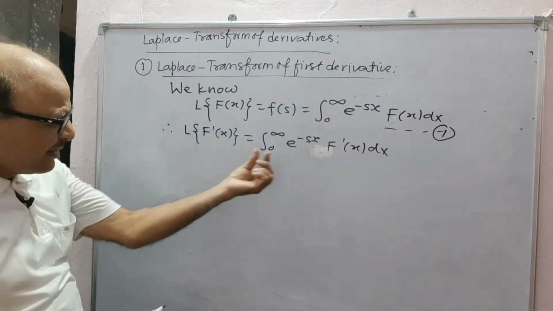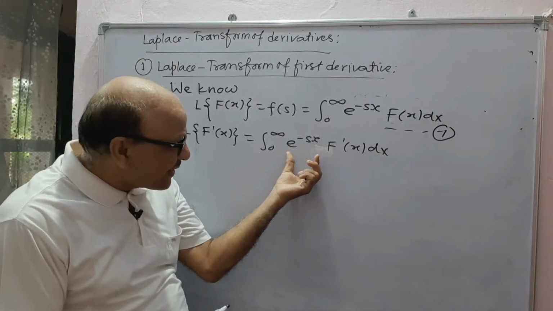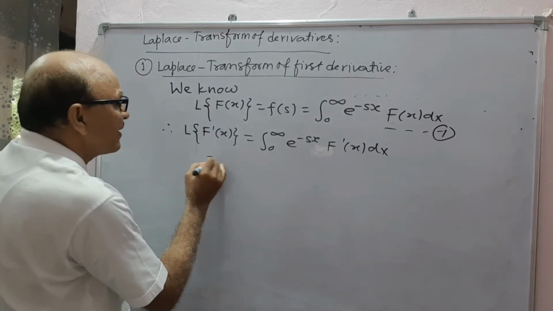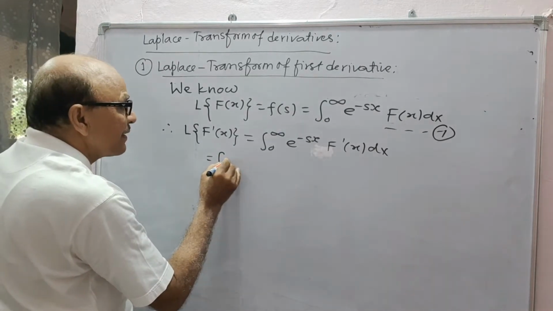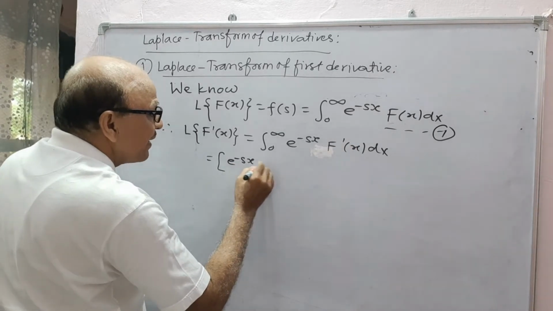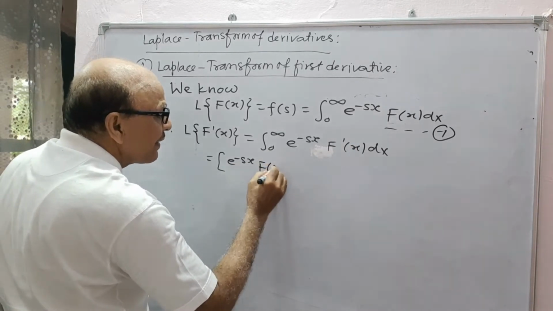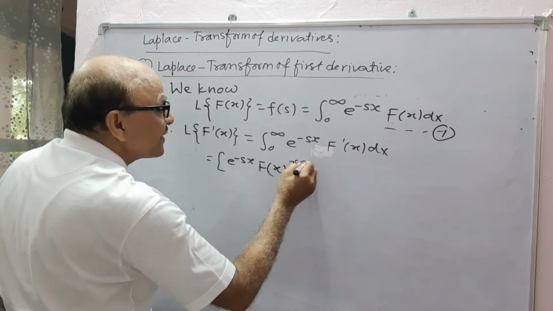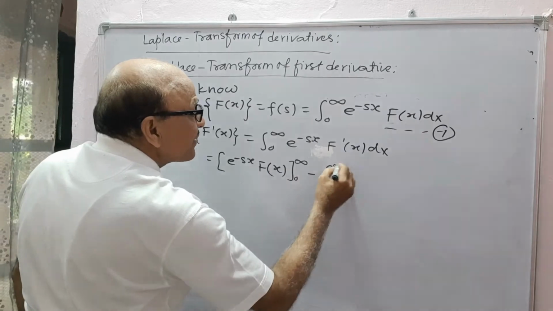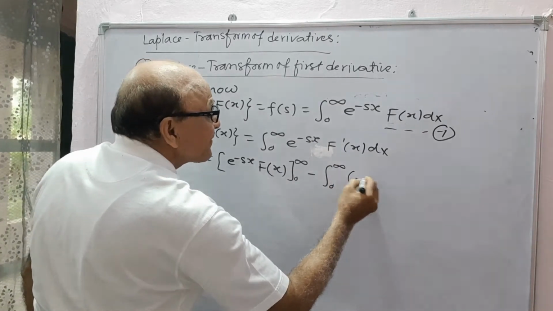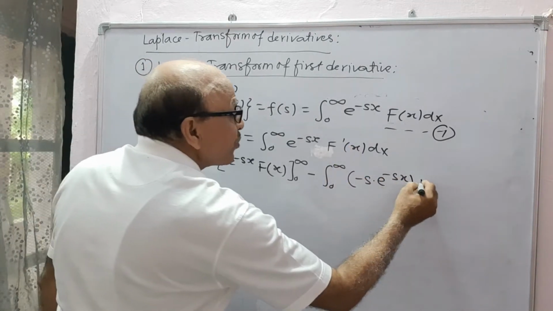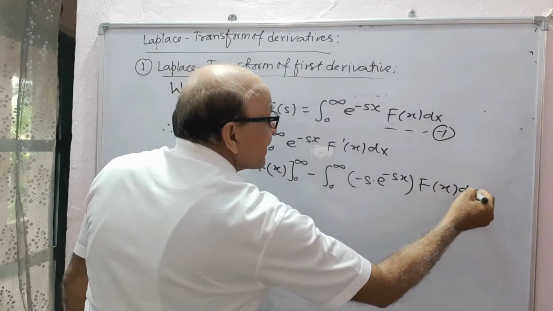Now we can integrate this by parts, taking this as u and this as v. So the integration will be e to power minus sx, its integral f(x), from 0 to infinity, minus its derivative, integral 0 to infinity. Its derivative means minus s into e to power minus sx, its antiderivative, which is f(x) dx.